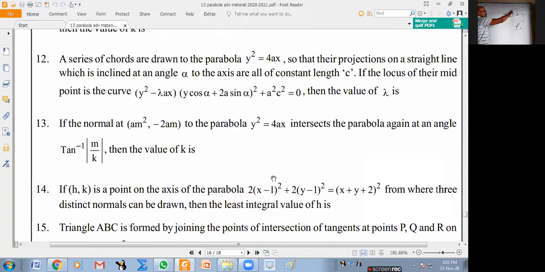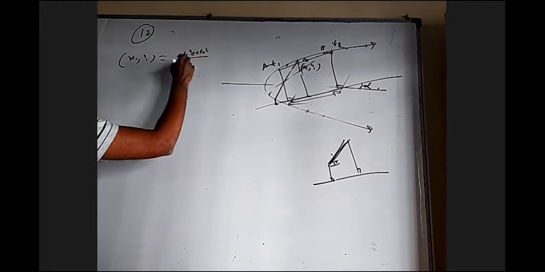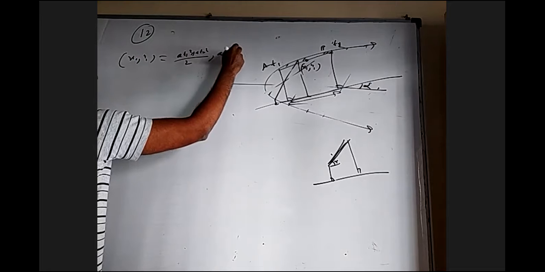Taking the midpoint as x1, y1 is convenient in the beginning, but how are we going to find this length? I'll take this as t1, this as t2, and this is x1, y1, so that I can find this length in terms of x1, y1. If I call this AB, this is t1. x1, y1 is (a t1 square plus a t2 square by 2, a into t1 plus t2).